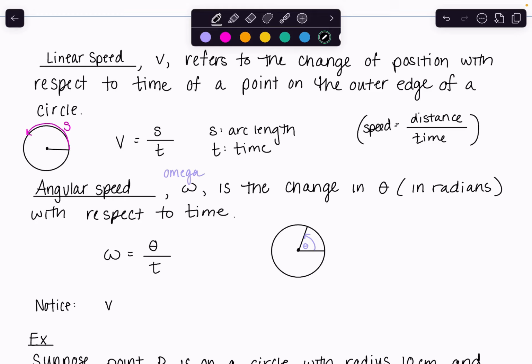So our linear speed is equal to S over T. But our S can be found by taking the radius times theta. And so what really ends up popping in here is theta over T is exactly our angular speed. So our linear speed is going to be our radius times the angular speed, okay?